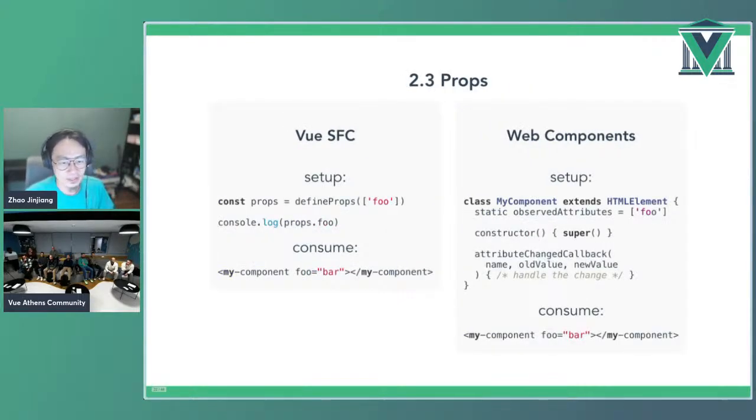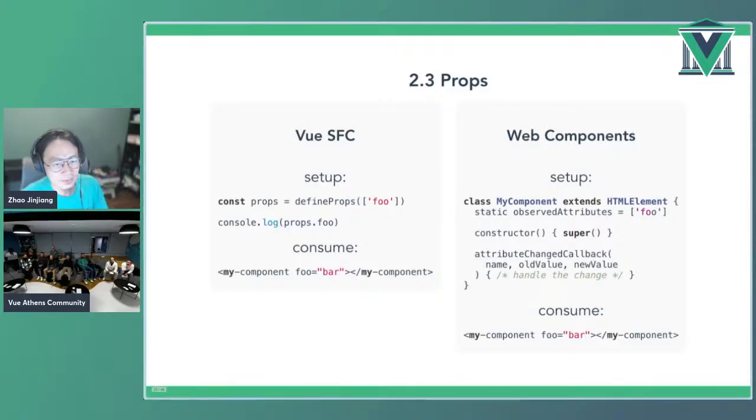Then the third one is about props. So besides templates and slots, you can also pass in some data from parent to child via props. In Vue, you can just call defineProps to define a prop in a component and then pass some data from outside by setting the prop from the parent. In web components, you can do a similar thing, but as we know, there are two concepts in HTML, attributes and properties.